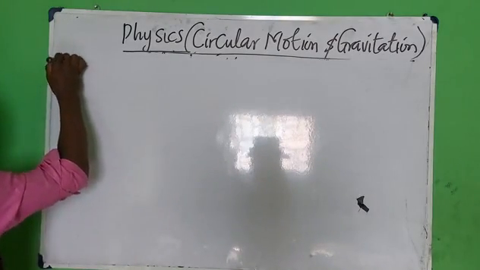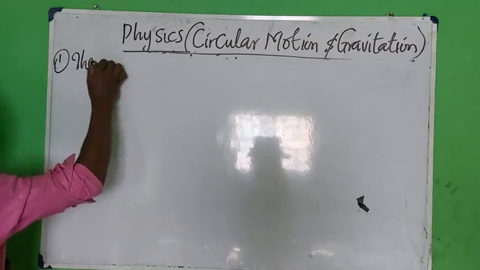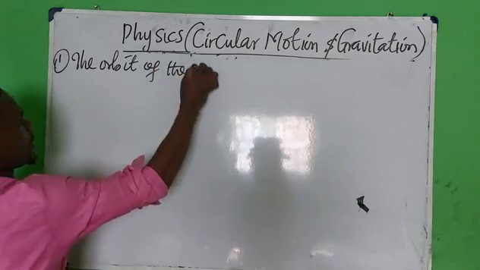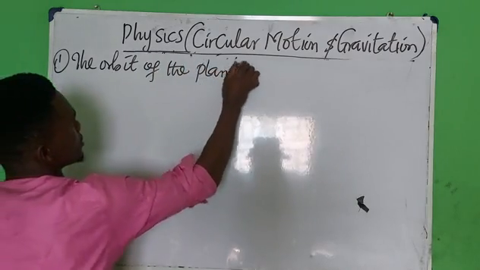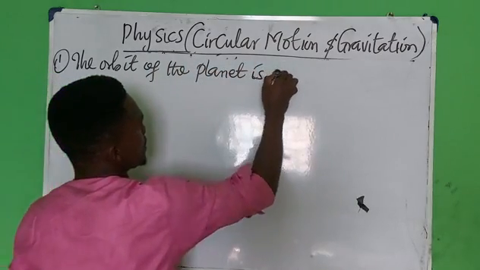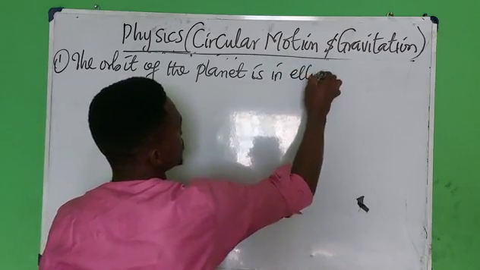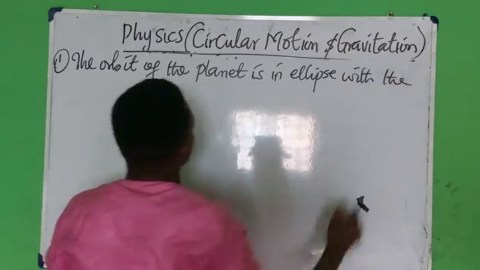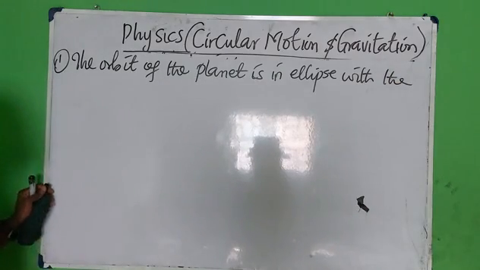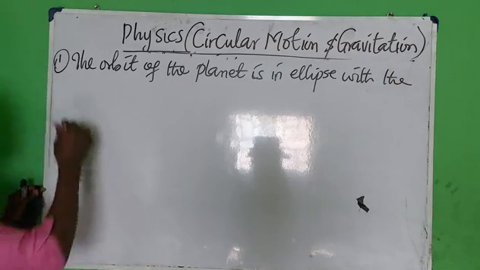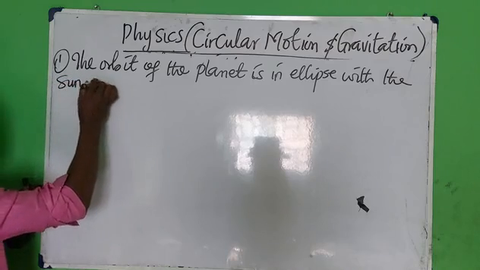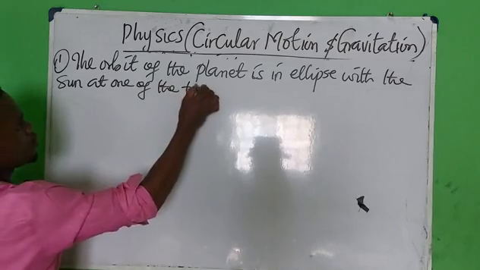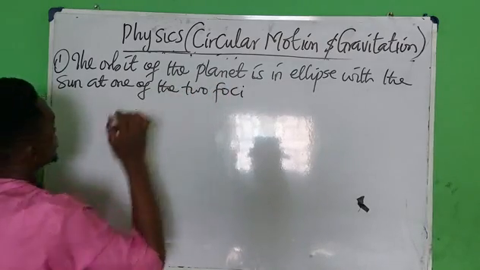He said, 1, that the orbit of the planet is an ellipse with the sun at one of the two foci.